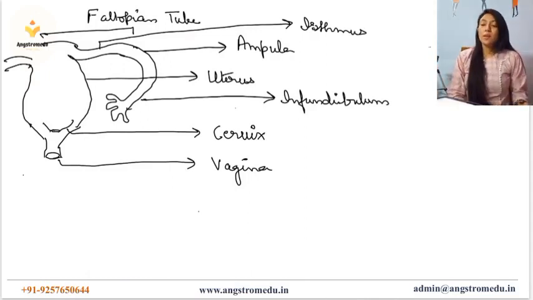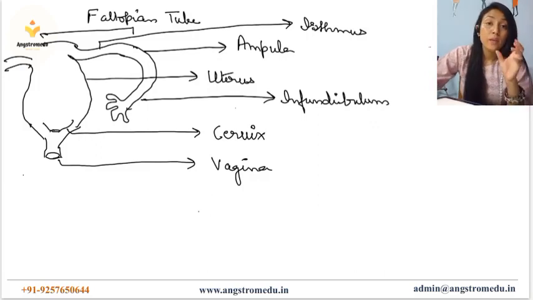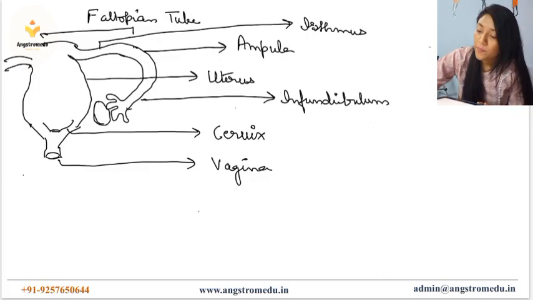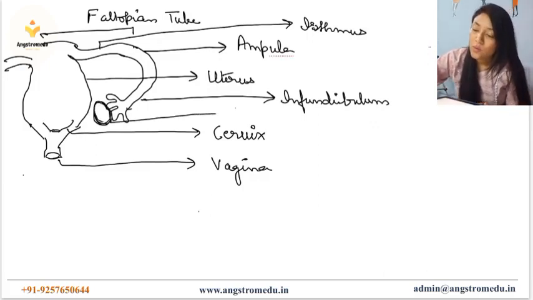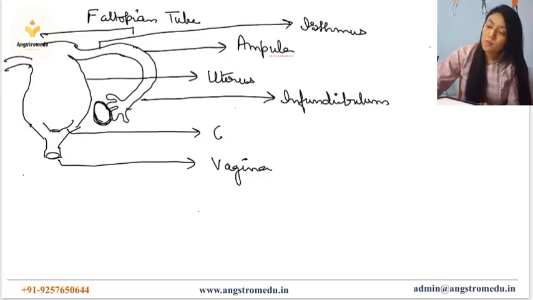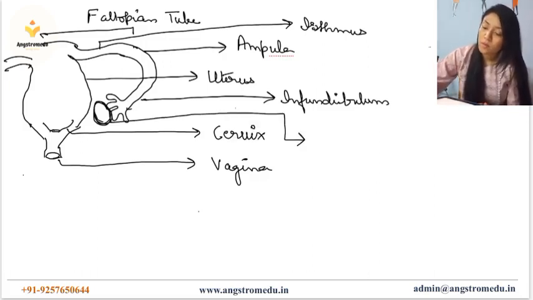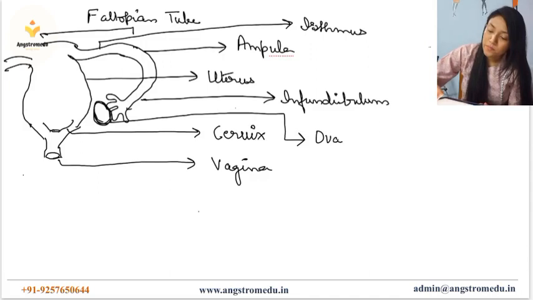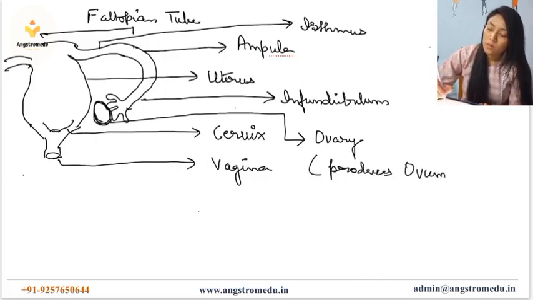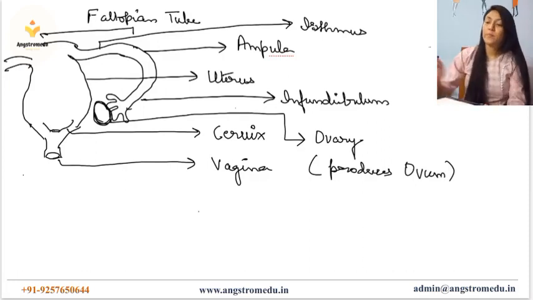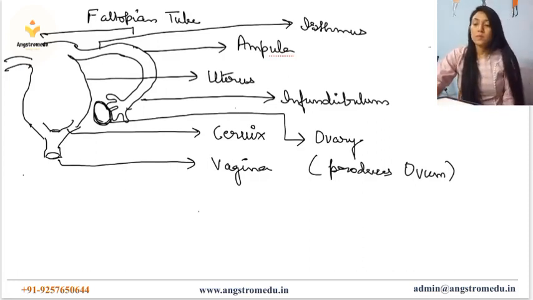Fine. Now, the main reproductive organ. This is known as the primary sex organ of the female, which is known as the ovary. And this ovary produces the egg or ovum.